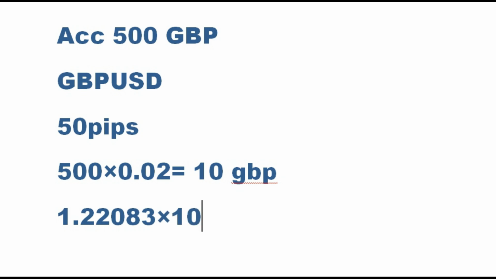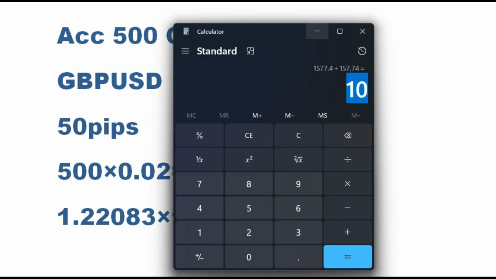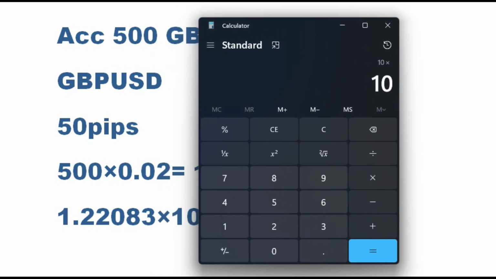Therefore, we are going to multiply this times 10 pounds to get the value in dollars. We calculate here. Let me pull out the calculator. 10 pounds times 1.22083, which is the exchange rate of pound USD.